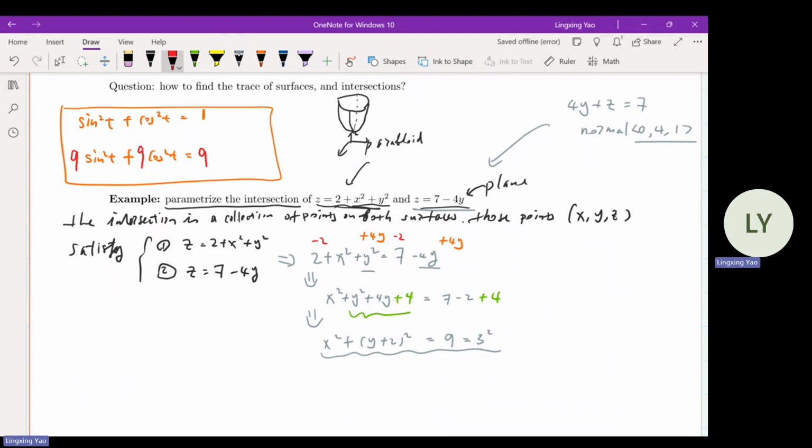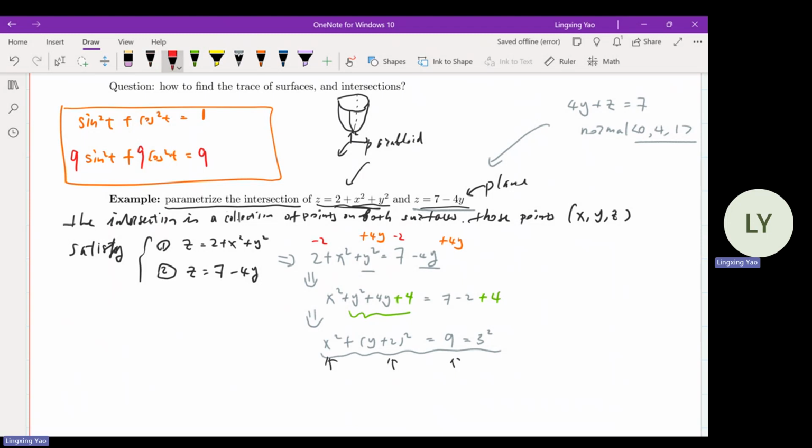Okay, so now you can see the idea is that we can parameterize this square and this square, and this becomes equal to 9. So as we discussed a moment ago, this x squared is something related to the sine or cosine.